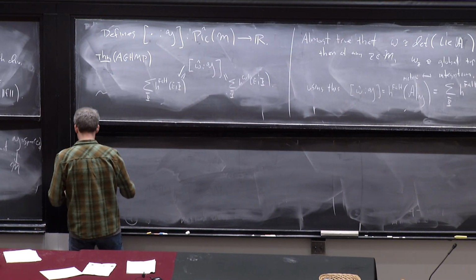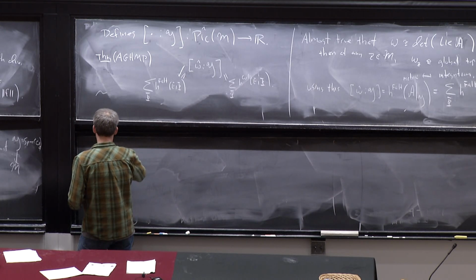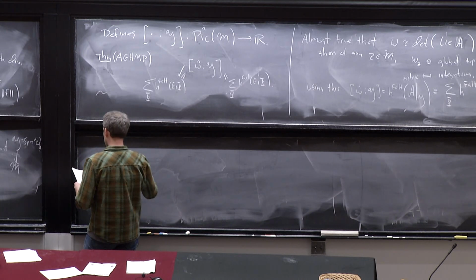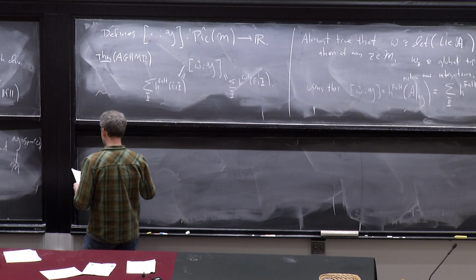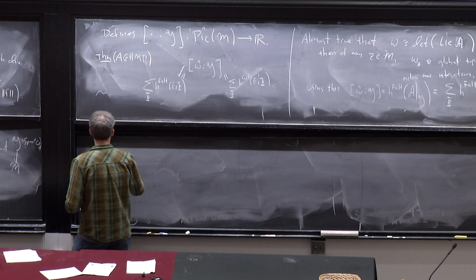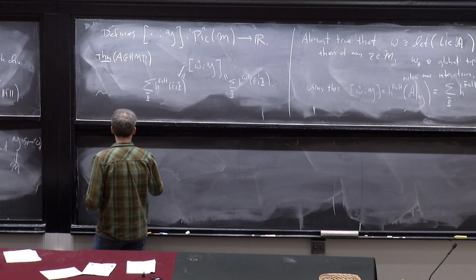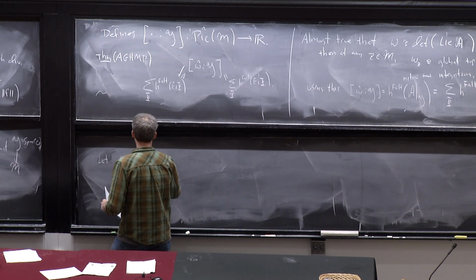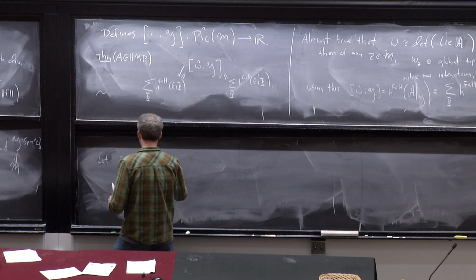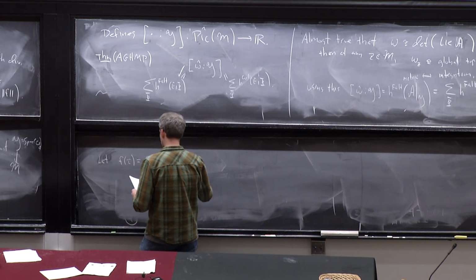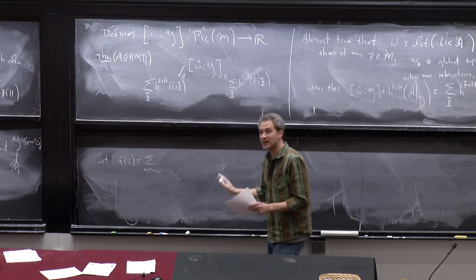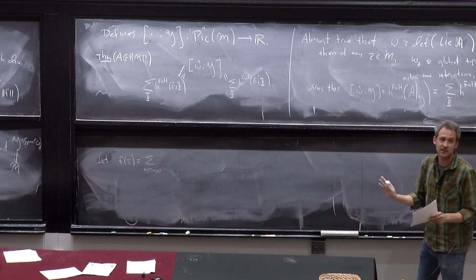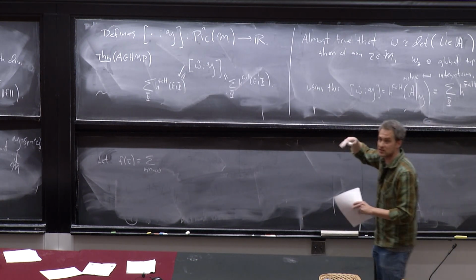So let f of tau equal the sum over m. Okay, so f is going to be a weakly modular form of some weight, where weakly just means we're at full level SL2(Z), but I'm allowing poles at the cusp.